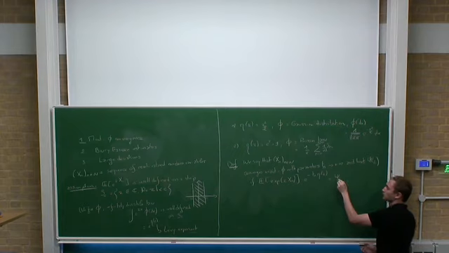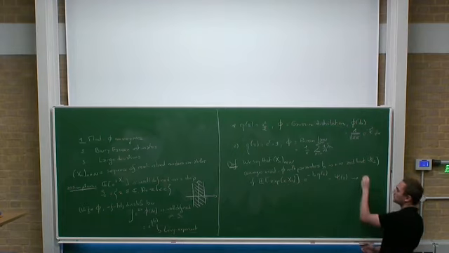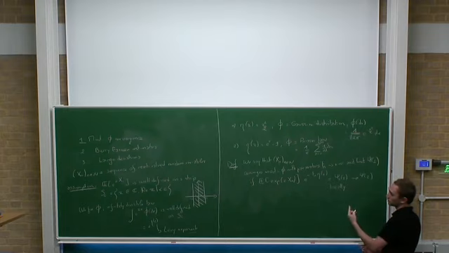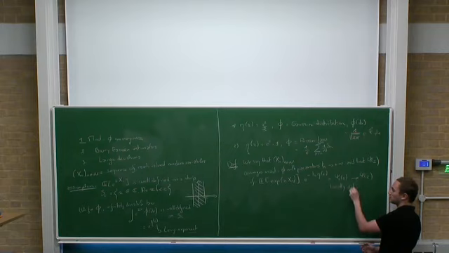This is a function on the strip S_C. This converges locally uniformly to psi of z. And I ask my limit to be continuous and equal to 1 when z is equal to 0, locally uniformly on S_C.